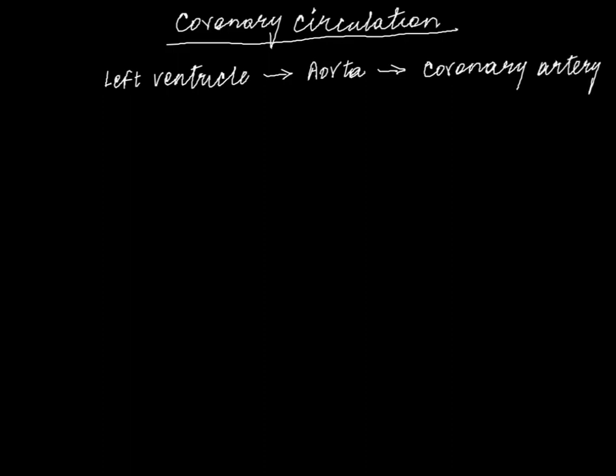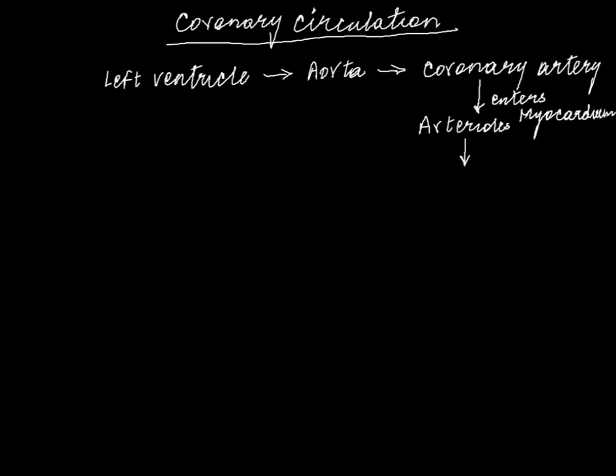And the coronary artery then goes into the cardiac muscle. It gets embedded into the myocardium. Clear? So the coronary artery enters the myocardium, and in the myocardium, the coronary artery will now branch into arterioles.